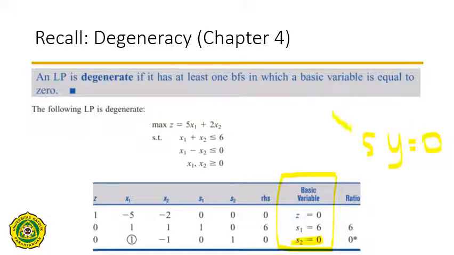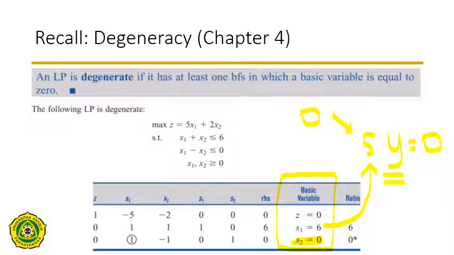If this value equals 0, then we are not sure whether y is also 0 or maybe it is non-zero, right? If there is no degeneracy, then we can say for sure, for example, if s equals 6, that y equals 0.